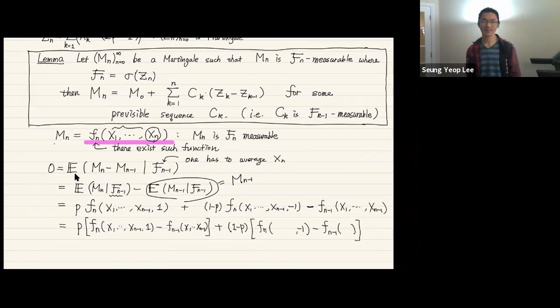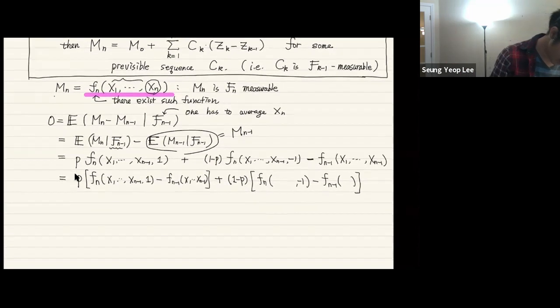Does it make sense? Okay, so this means that these two terms satisfy the following.